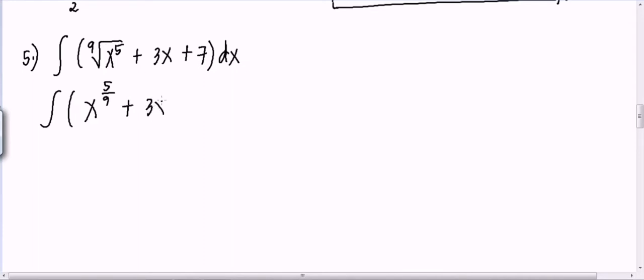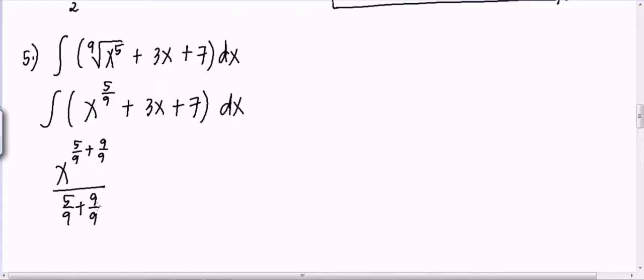And then plus 3x plus 7. And then saka tayo mag-integral. So, x raised to 5 over 9 plus, so I will add 9 over 9. Kasi, ibig sabihin yan, 1 naman yan. Okay, over, so, 5 over 9 plus 9 over 9. Plus, so this one would be 3x raised to 1 plus 1 over 1 plus 1. Plus, so constant, 7x plus c.